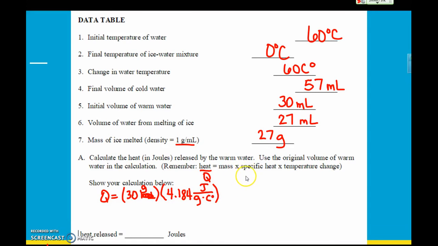And our temperature change, our warm water went from 60 to 0. So that's a delta T of 60. Our grams will cancel. Our Celsius degrees will cancel. When you multiply these numbers, you are going to get an answer with the units in joules. And you can write that right here. Pause the video if you need a minute to multiply that out.